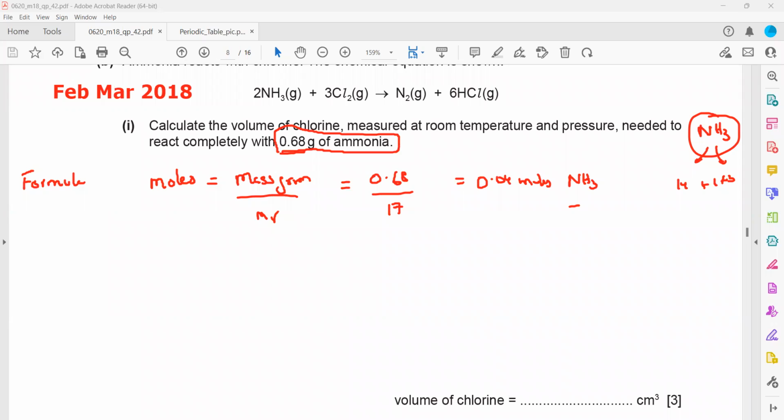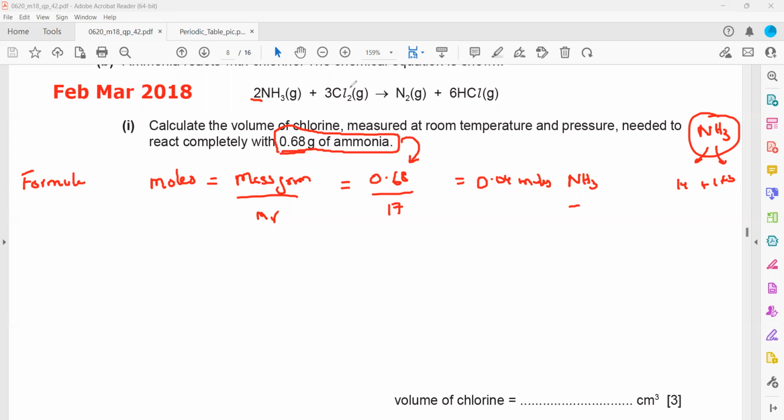Yes, we have 2 moles in the equation, but we don't bother about that. According to the equation, we have 2 moles, that's right. But if we have 0.68 grams of ammonia, how many moles are there in this 0.68 grams? So 0.68 divided by 17 will be 0.04.